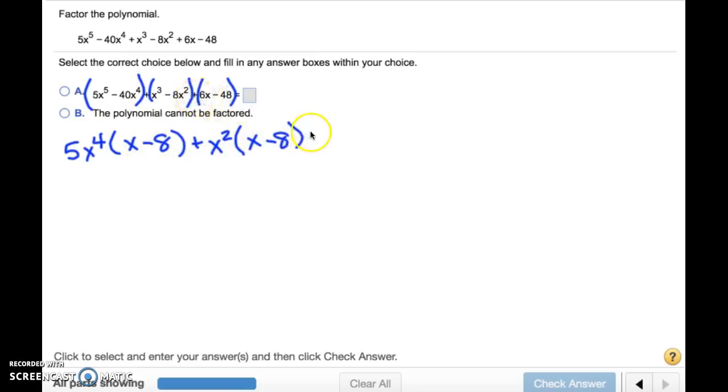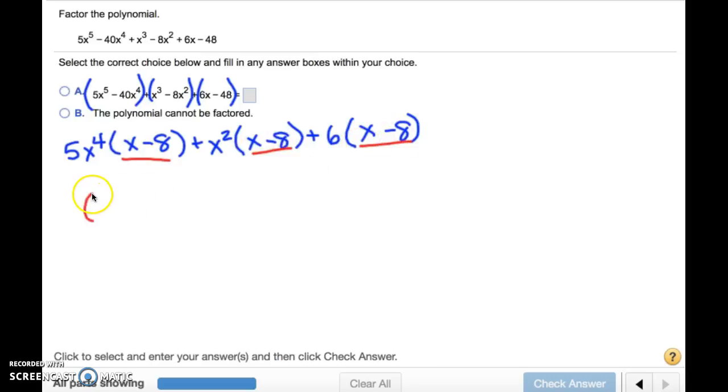So again, I bring down this plus sign, and I have 6x minus 48, and I know that 48 is divisible by 6. So I bring the 6 out. And since the 6 has been factored out, that just leaves x. And negative 48 divided by 6 is negative 8. So these 3 match up.